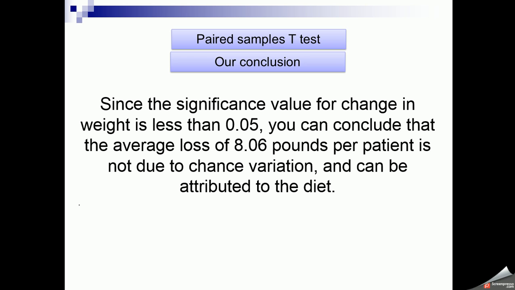We can conclude the following: since the significance value for the change in weights is less than 0.05, you can conclude that the average loss of 8.06 pounds per patient is not due to chance variation and can be attributed to the diet. So the diet is good for the patient regarding the weight.